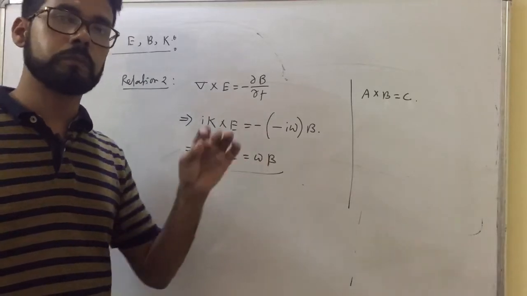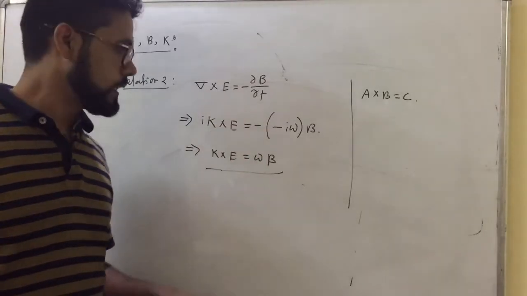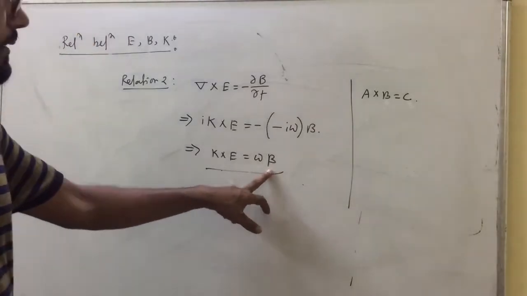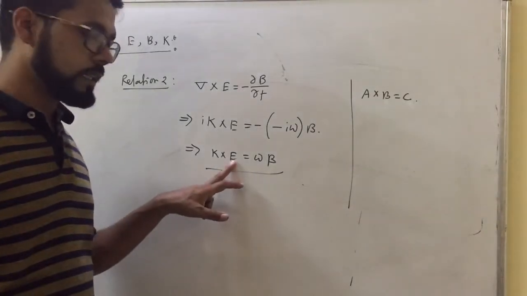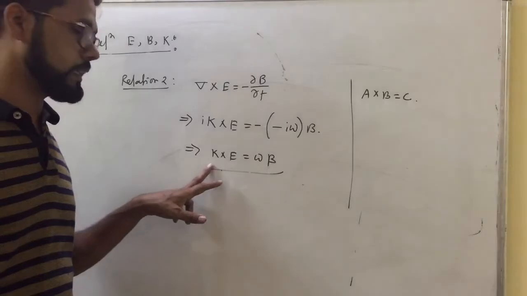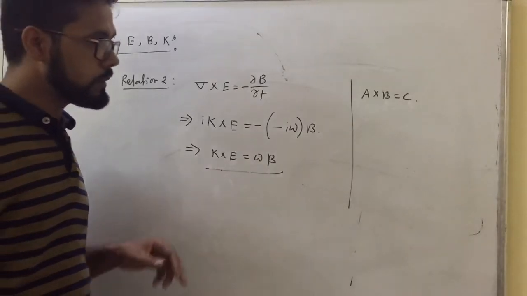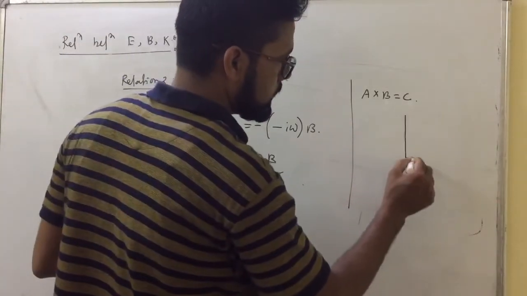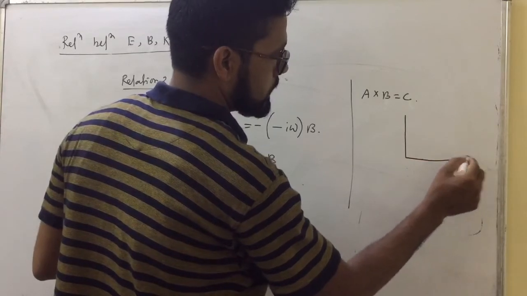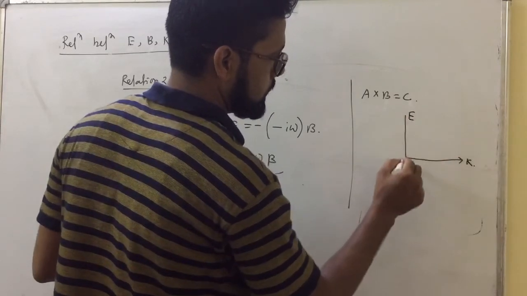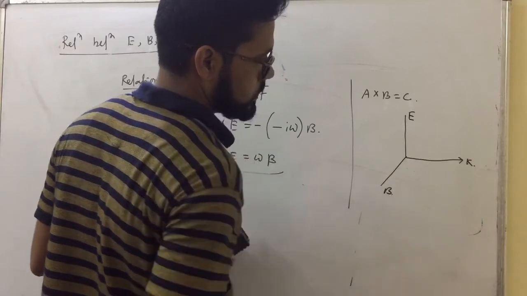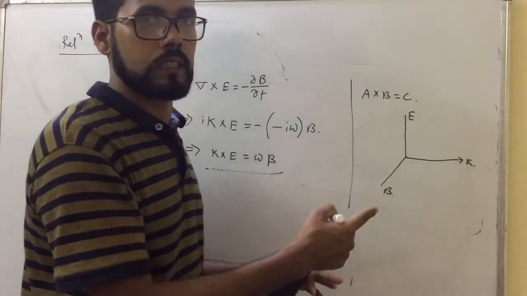Forget about omega; you may consider it as 1. So B is the area vector. B is perpendicular to both the electric field as well as the propagation vector. That means their behavior looks like this: if this is the propagation direction k vector, this is the E vector, the magnetic field will be like this. So it looks like rectangular coordinate axes.